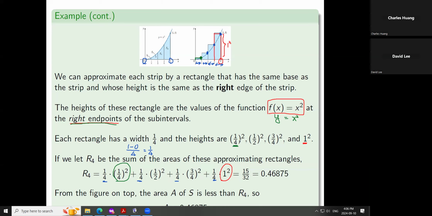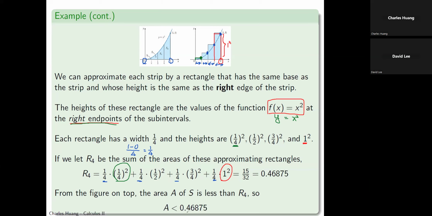To calculate the value, we will square each of the x coordinates to find the y coordinate. This is how we find the area. And at the end, the area is 0.46875. Okay, so 15/32. So that's the area.